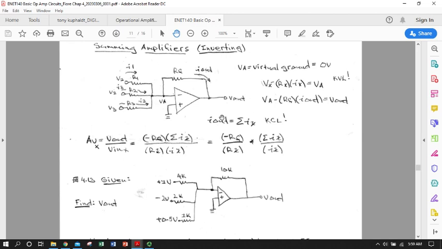So we can say that first off, I out is the sum of I sub x, using the mathematical summation symbol. It's a little bit easier to write than I1 plus I2 plus I3, but this says the sum of I sub anything, and all of the anythings is equal to I out. Again, this is just Kirchhoff's current law.